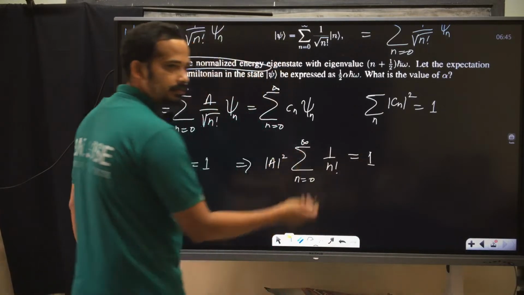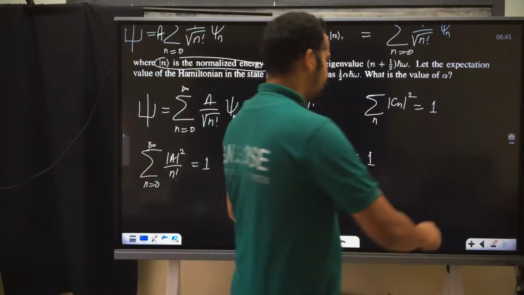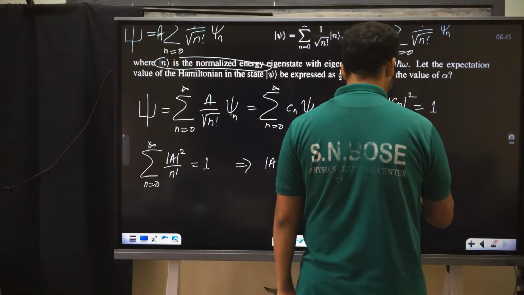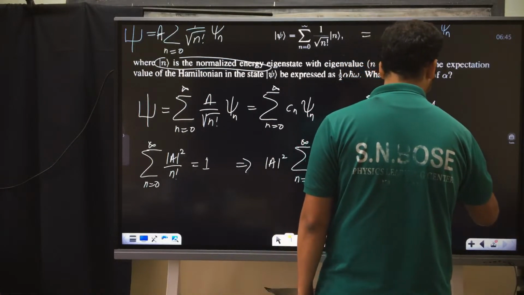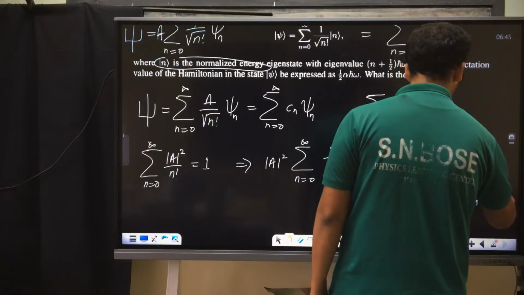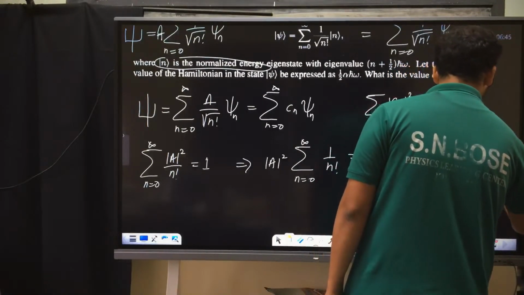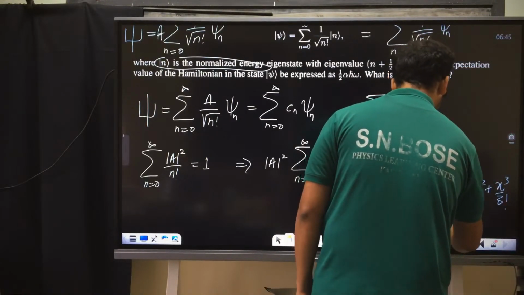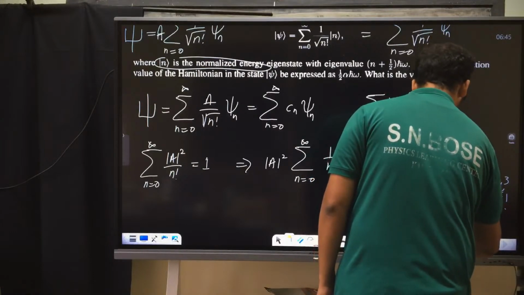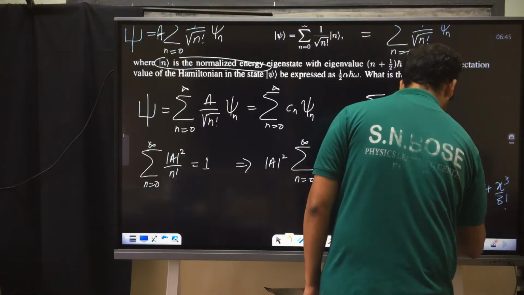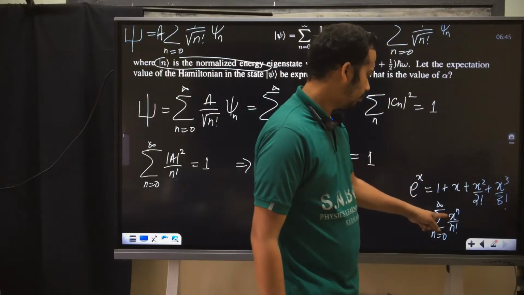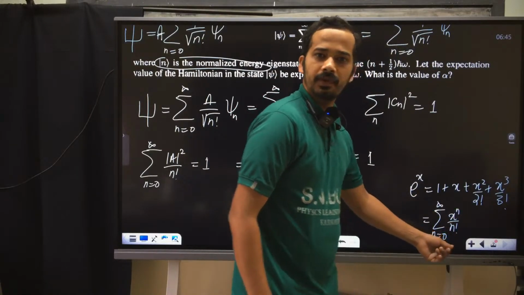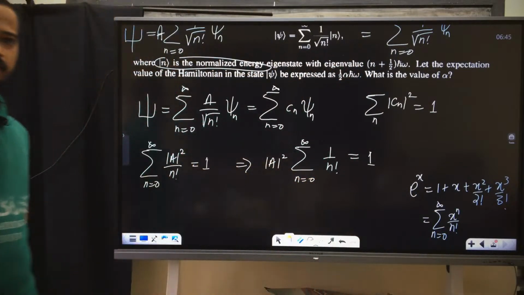What is this? Now this comes in the e power x expansion. What is e power x? 1 plus x square by 2 factorial plus x cube by 3 factorial. How do you write it in a summation? Summation over x power n by n factorial, n starting with 0. If you put x equal to 1, you'll get 1 by n factorial summation.